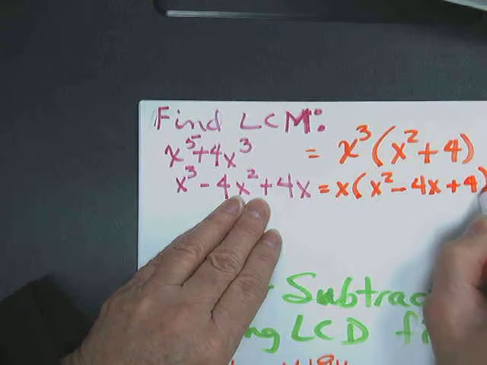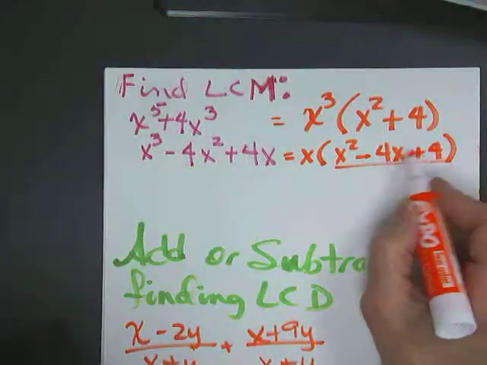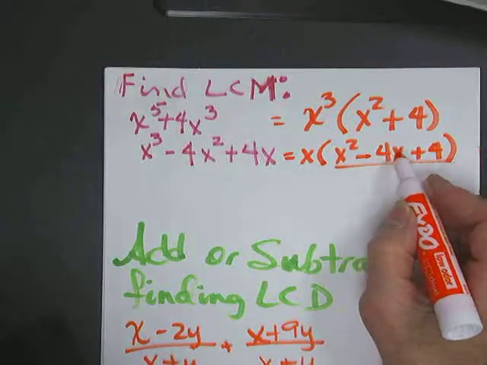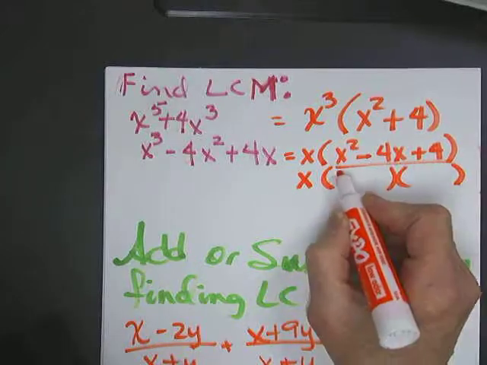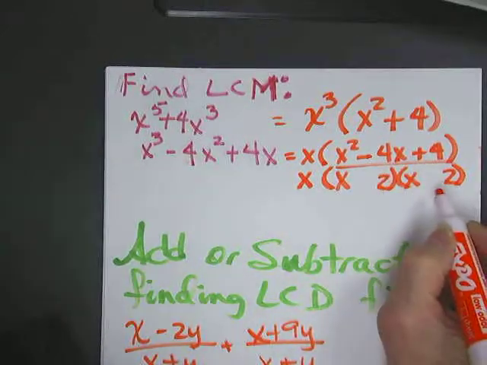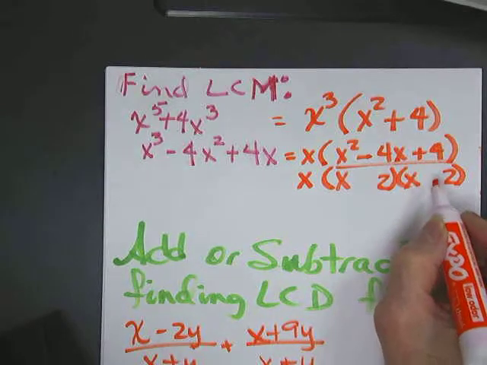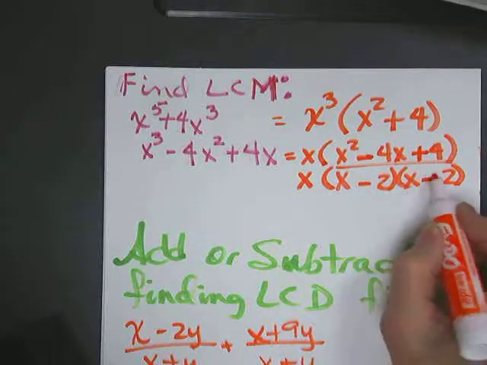Okay, what can we do with this one? Factor x out, x squared minus 4x plus 4. Let's factor. Yes, because the difference is 2 and 2 add up to 4, right? x minus 2, x minus 2. Okay, so let's do that.